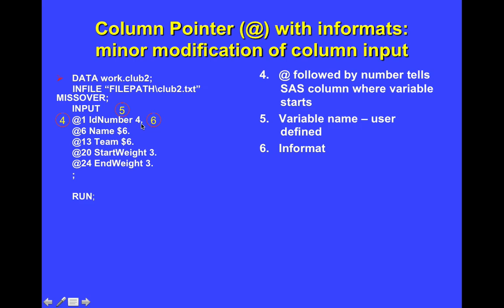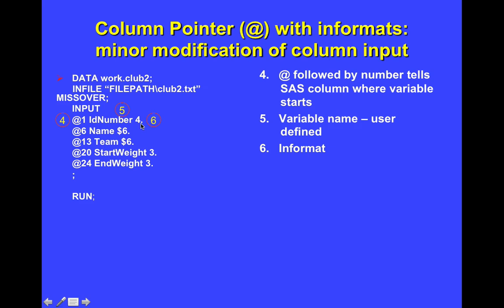We're telling SAS, is it a number or a word, and how long is it? We're going to say that the ID number is up to 4 columns wide. As you saw in the example in the previous slide, all of the ID numbers are exactly 4 columns wide.